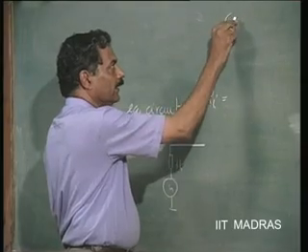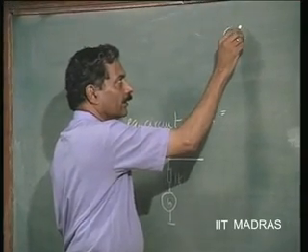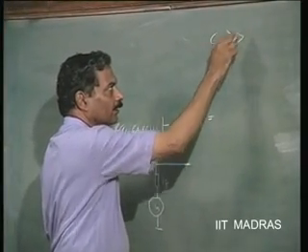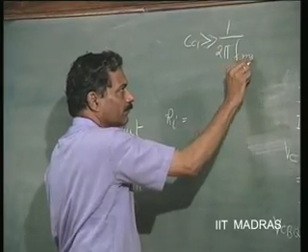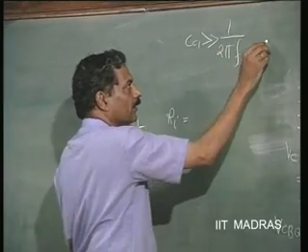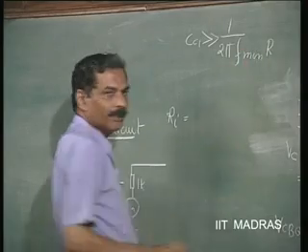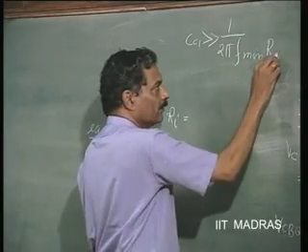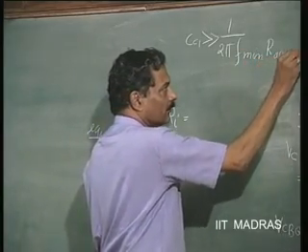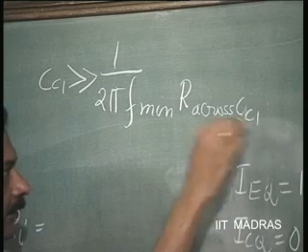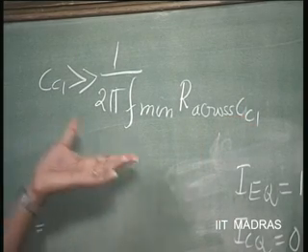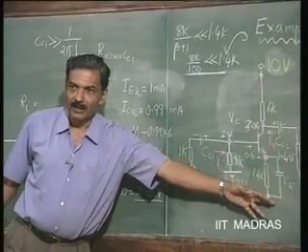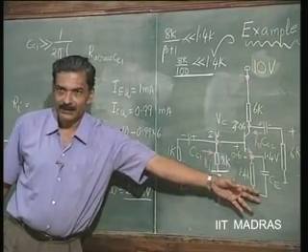Always CC1 should be much greater than 1 over 2 pi f minimum into the resistance coming across CC1. This is what we have used for CE also, in the design of CE.